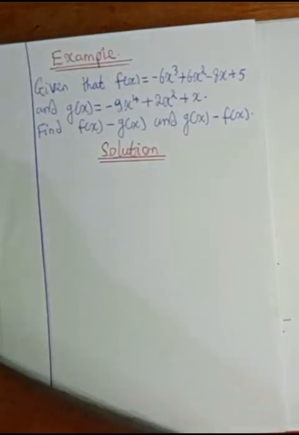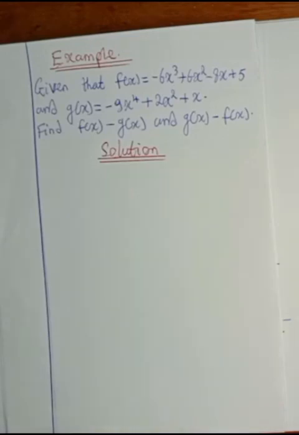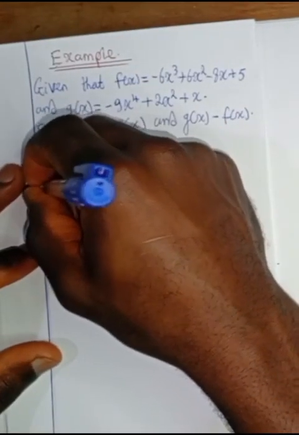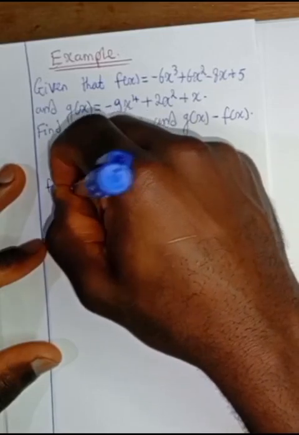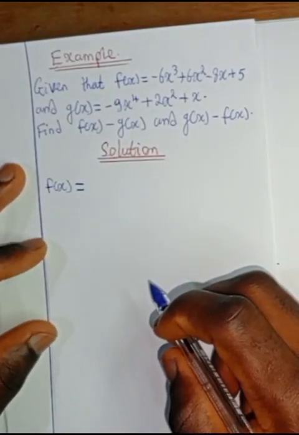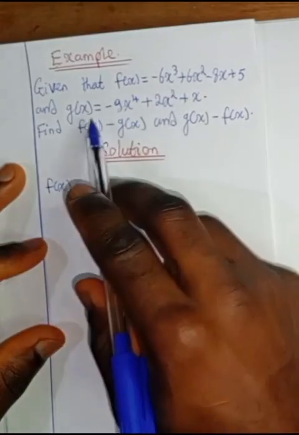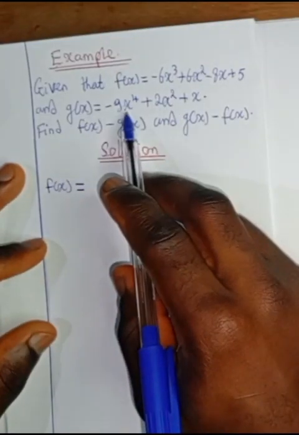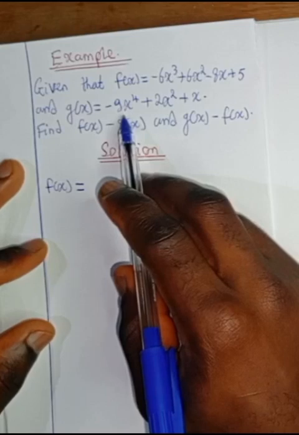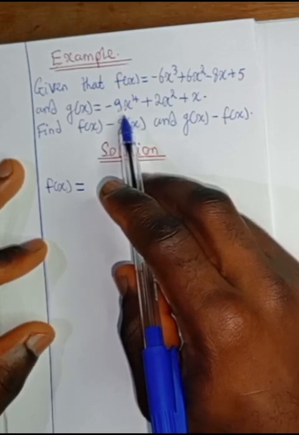For us to answer this question, we are going to follow the same procedure. We're going to write down the polynomial f of x. Look at the polynomial f of x, it is of degree 3. The polynomial g of x is of degree 4. So we are going to write down the polynomial f of x in such a way that the term in x to the power 4 is present.